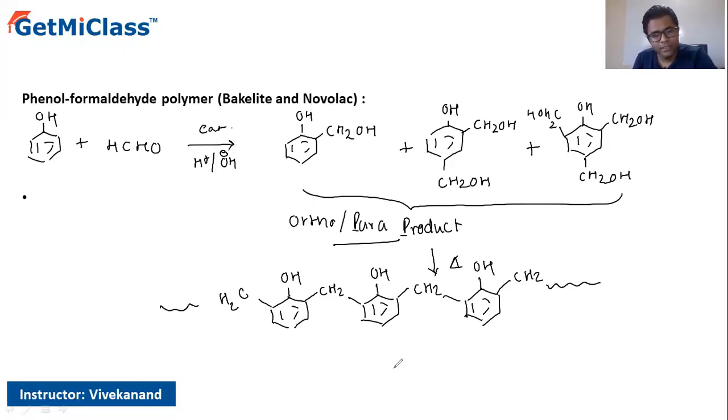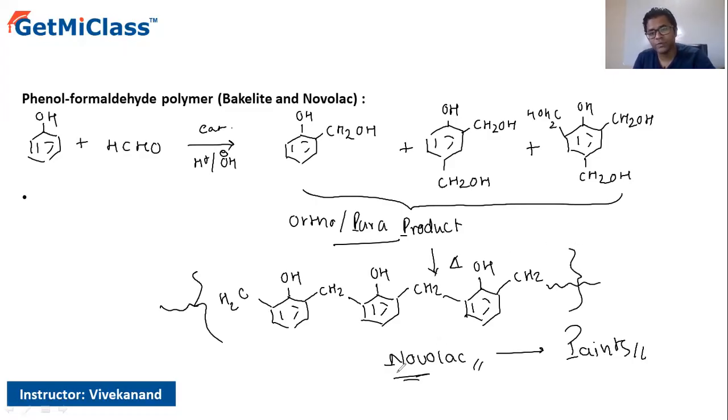Okay, now this is what we call novolac. Now this novolac is usually used in paints and varnishes. So this huge chain-like structure, we call it novolac, right?